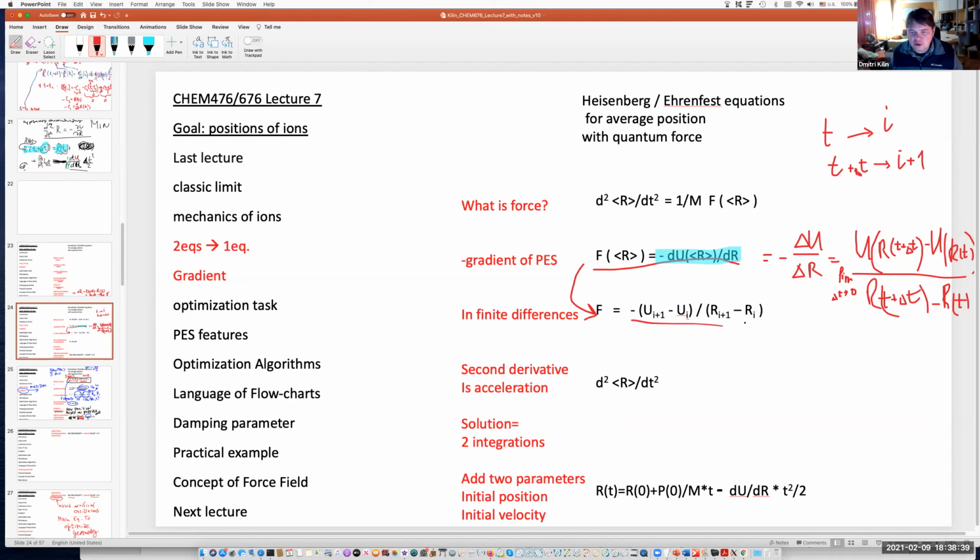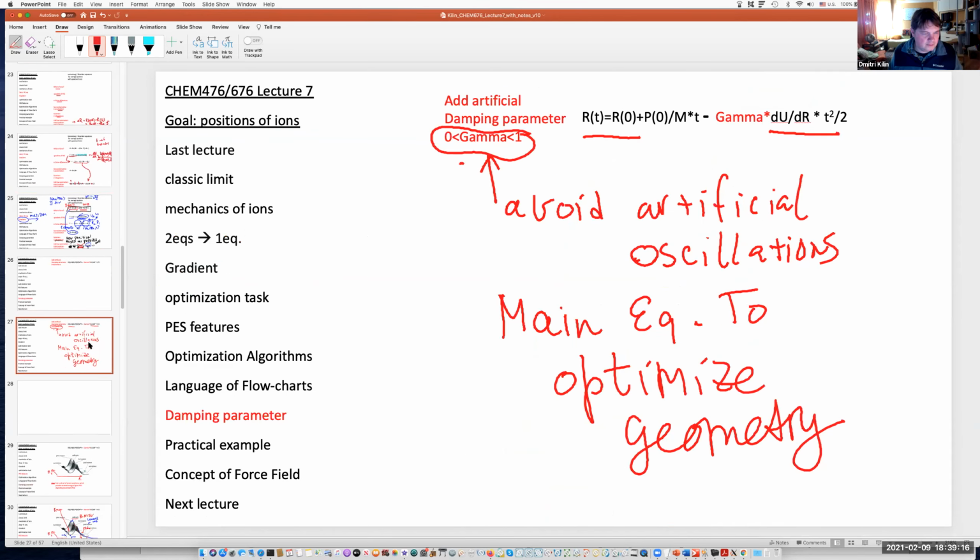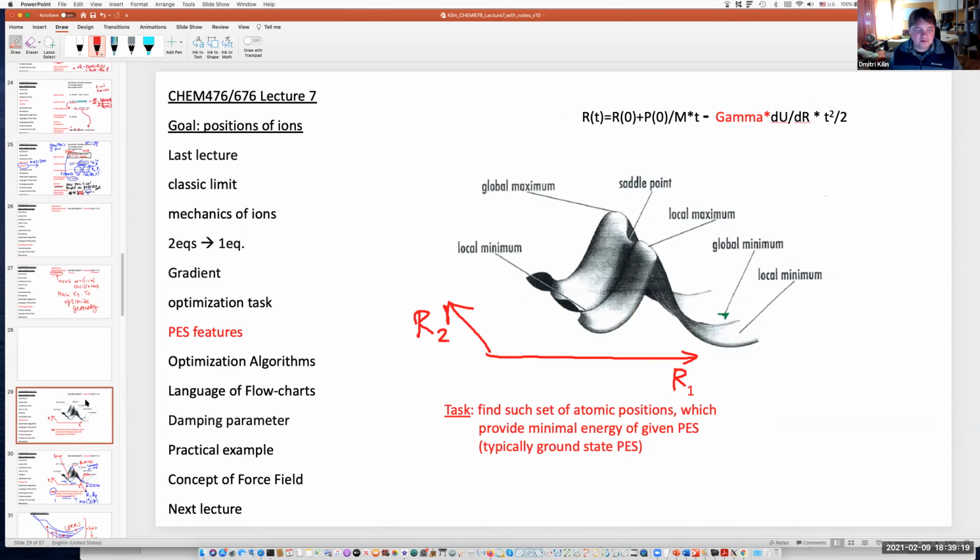And this definition of force, this gradient in finite differences, can be plugged into our equations that we use to predict the future: how to predict position at time t plus delta t if we knew position and momentum at the previous time step.